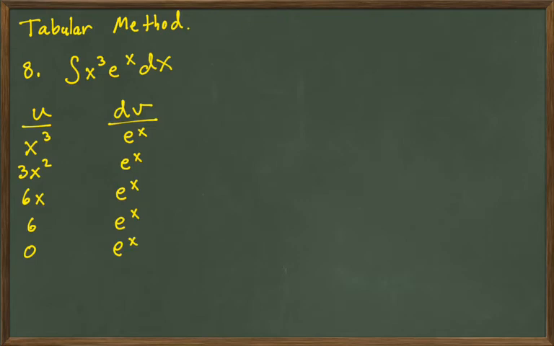Here's your u, and here's your v. So it's going to be uv minus the integral of v du. So x cubed e to the x, that's your uv.